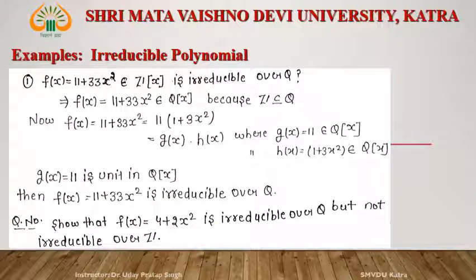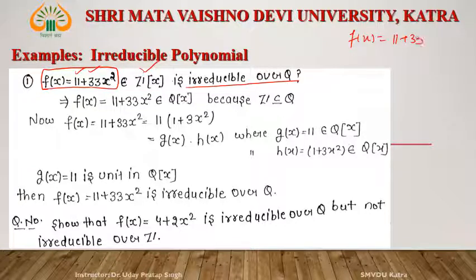Now let us see the example. If f(x) is equal to 11 plus 33x square, 11 and 33 from Z, so this polynomial belongs to Z[x]. This polynomial is irreducible over Q. Why? First see, f(x) is equal to 11 plus 33x square. This is not 0 and f(x) is not a unit.